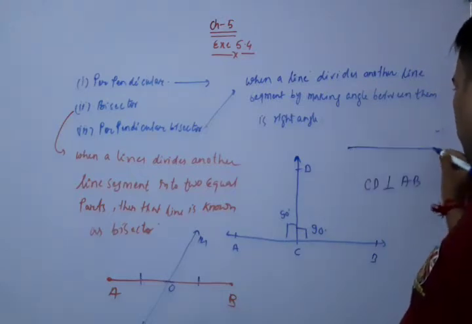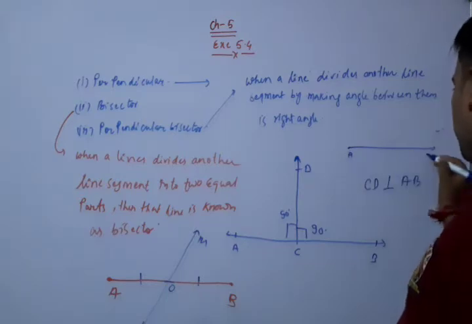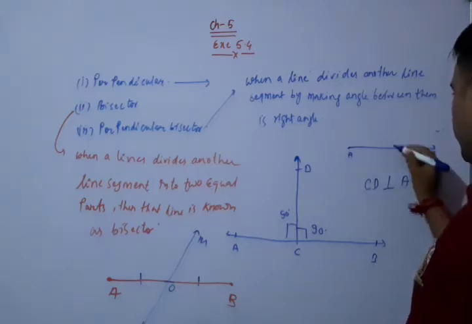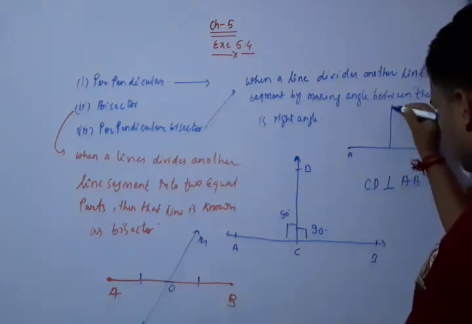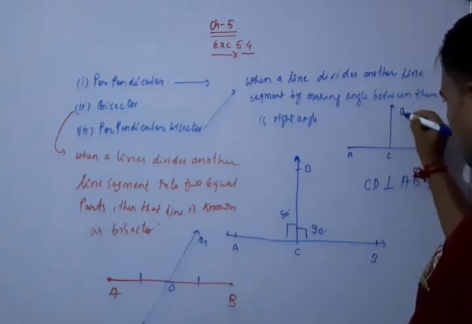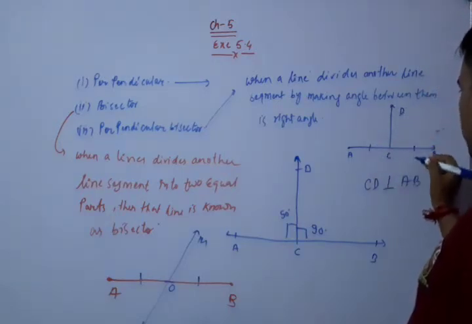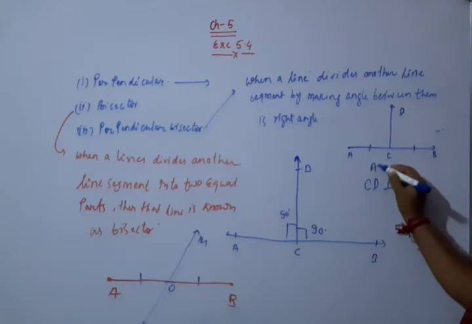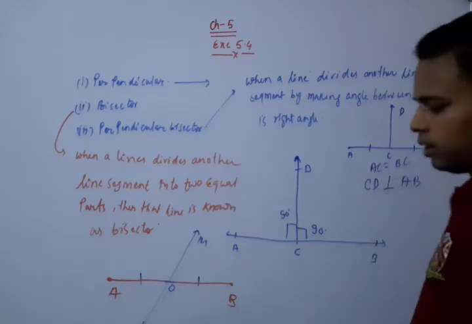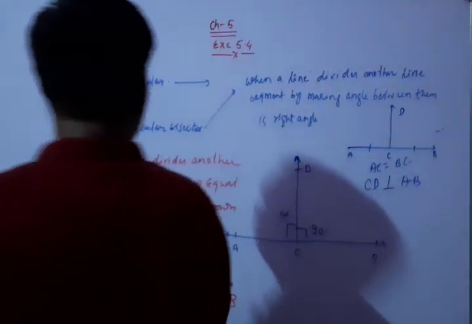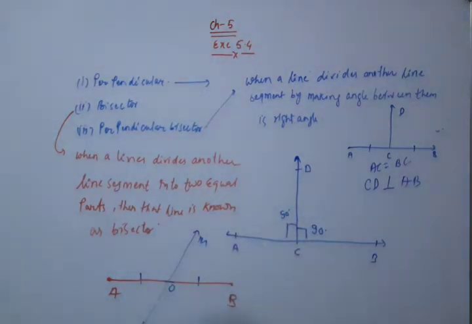Suppose AB is a line segment and suppose this CD divides it and AC equals BC, means here AC will be equal to BC. These are the points related to the perpendicular bisector.